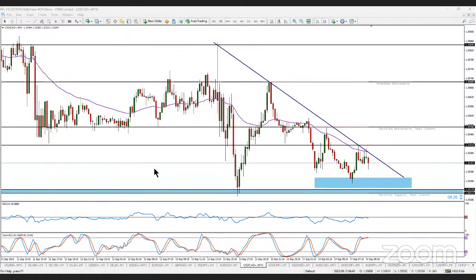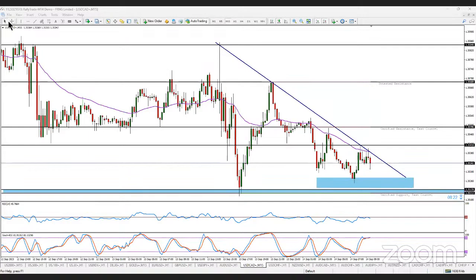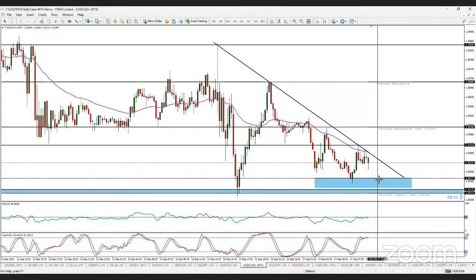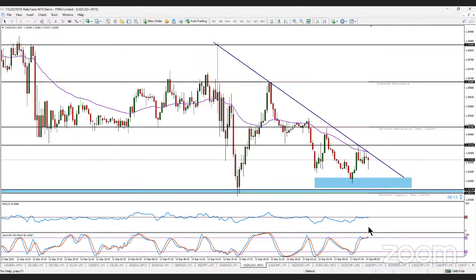All right. So for USD CAD, like I said, you can enter at current market price, and you can take your profit at 1.35276.